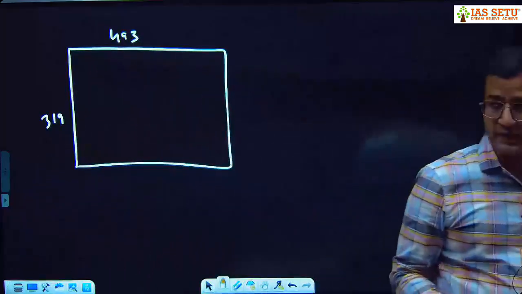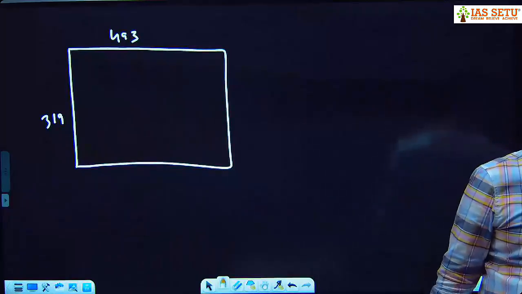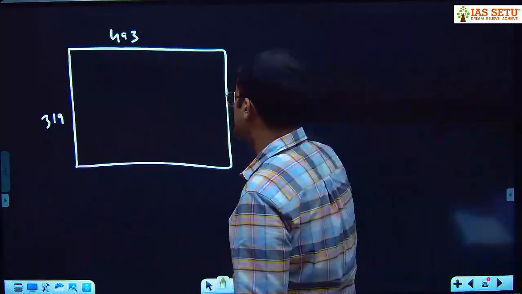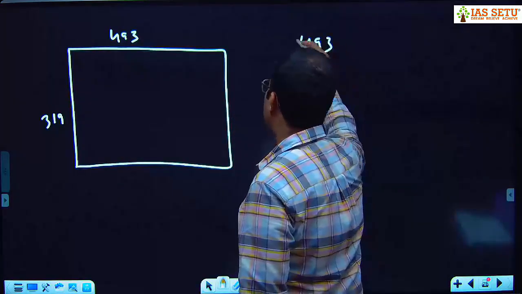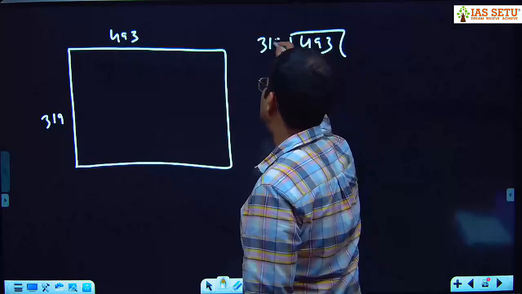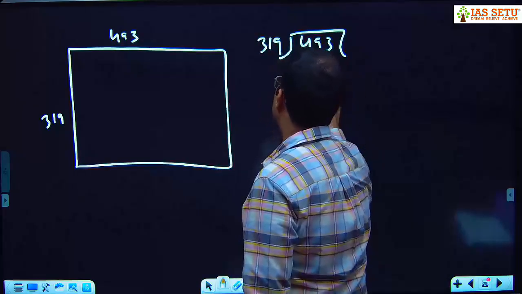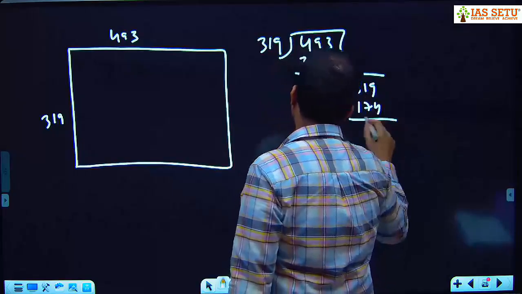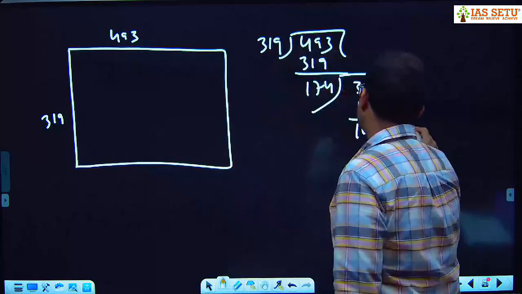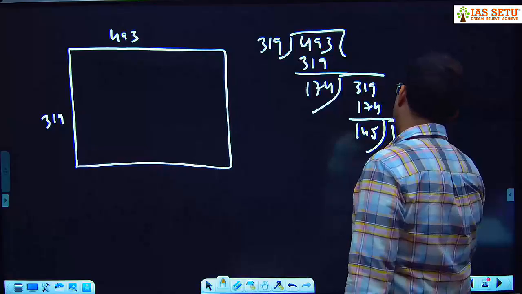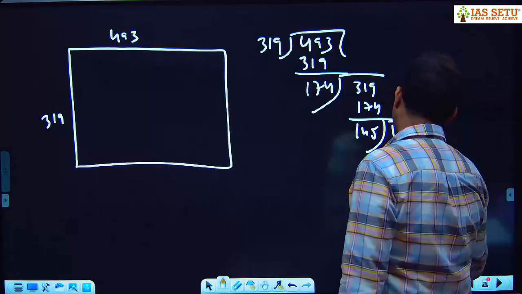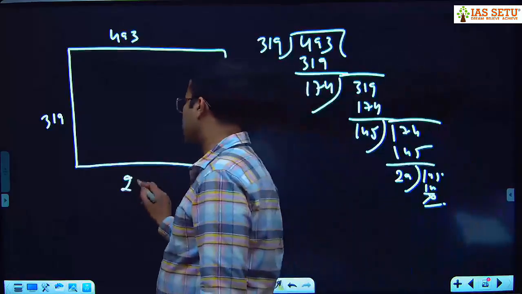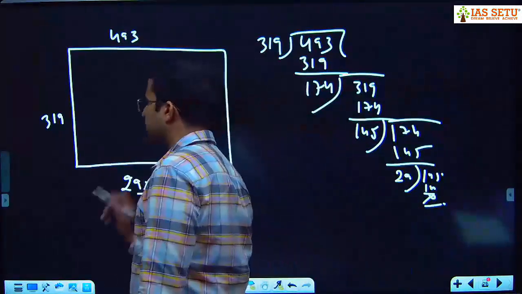We have to find HCF. 1, 174, 319, 145, 174, 29. Okay. So here the size of the tile is 29 centimeter by 29 centimeter.